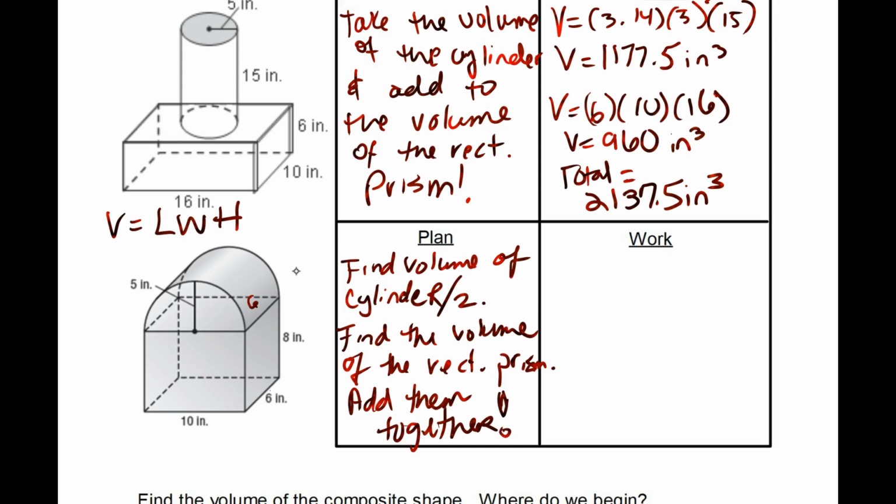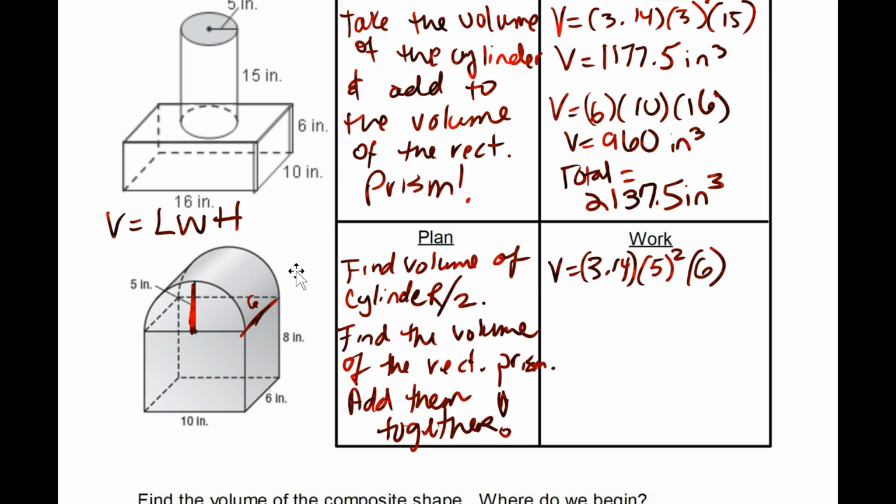Let's get it. Volume of the cylinder is V equals pi r squared h. So V equals 3.14 times my radius, 5, squared, and then the height is 6. Technically I can do all of this divided by 2. Some of y'all will take the 6 and divide it by 2.